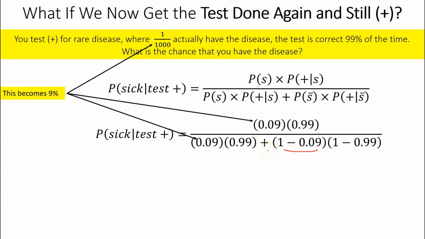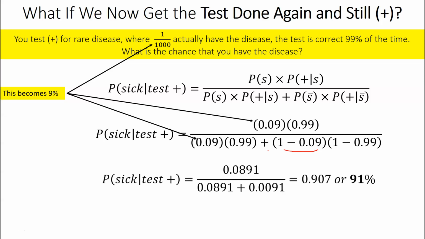So you take it the first time, there's only 9% chance that you actually are sick. But you take it a second time, and the test again says you test positive for the disease, that jumps way up to 91% because we changed drastically the prevalence of the disease from 1 out of 1,000 to 9 out of 100.